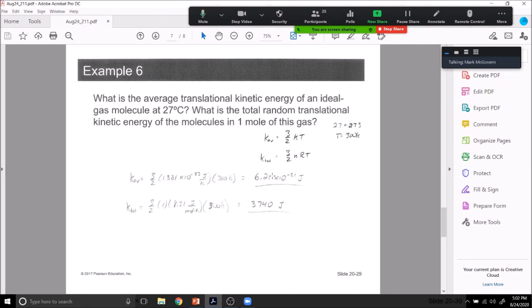To figure out those speed distributions is not simple. In fact, basically the first principle that quantum mechanics was designed to solve was to understand why objects glow when they're hot.